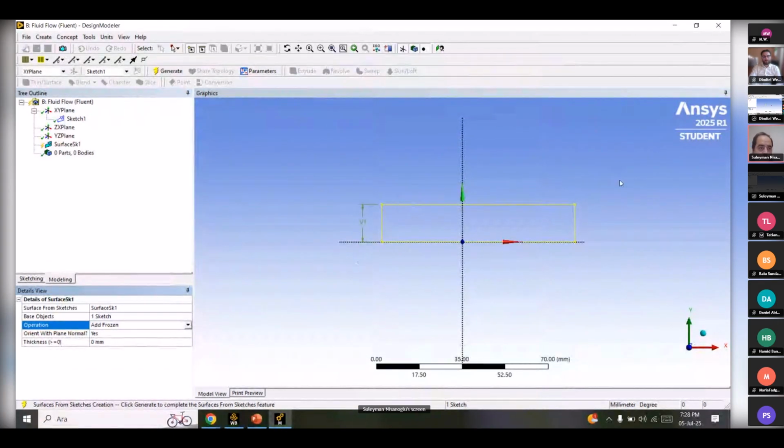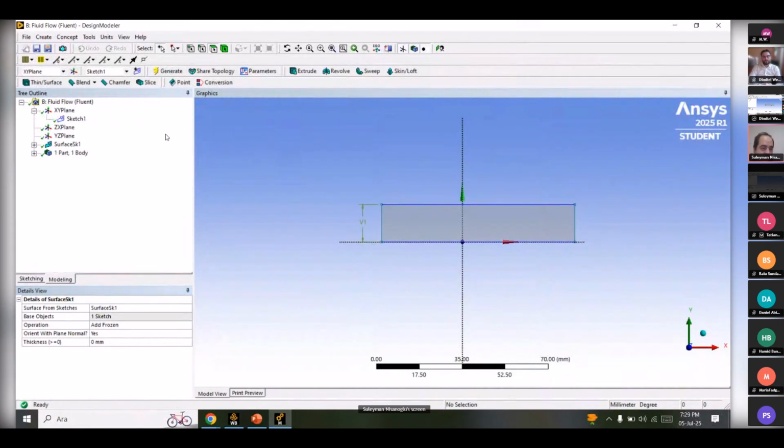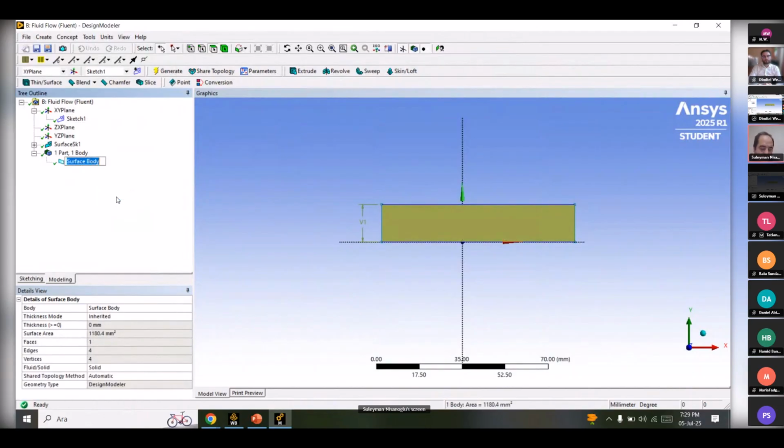After that, I will draw the phase change material body. Here, click rename: water body. Maybe we can add fluid, water body, okay.